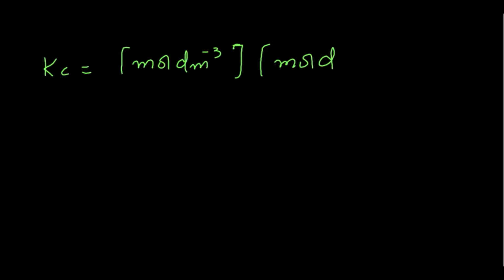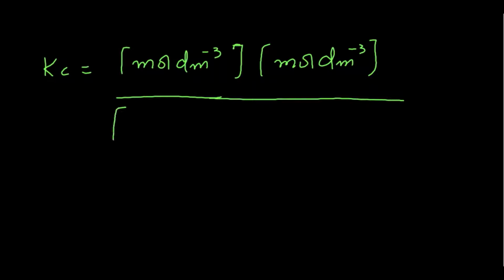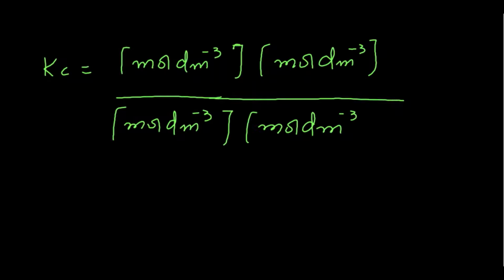So Kc is equal to, for methane, mole per cubic decimeter. Similarly, for water, mole per cubic decimeter, right students? For carbon monoxide, we have mole per cubic decimeter, and for hydrogen, mole per cubic decimeter raised to the power 3, since we have 3 moles of hydrogen.